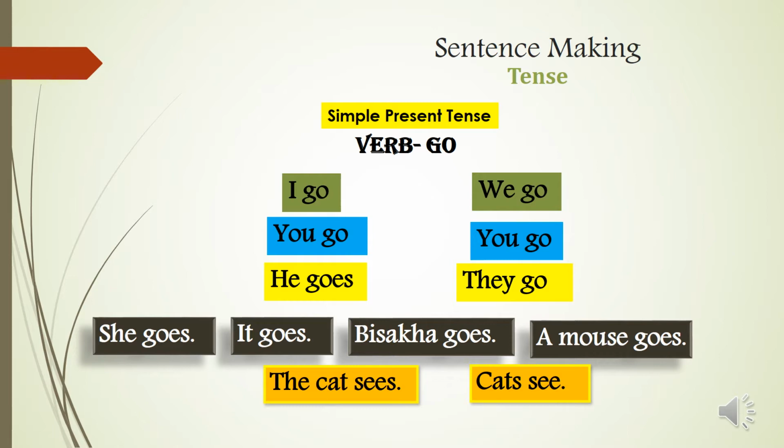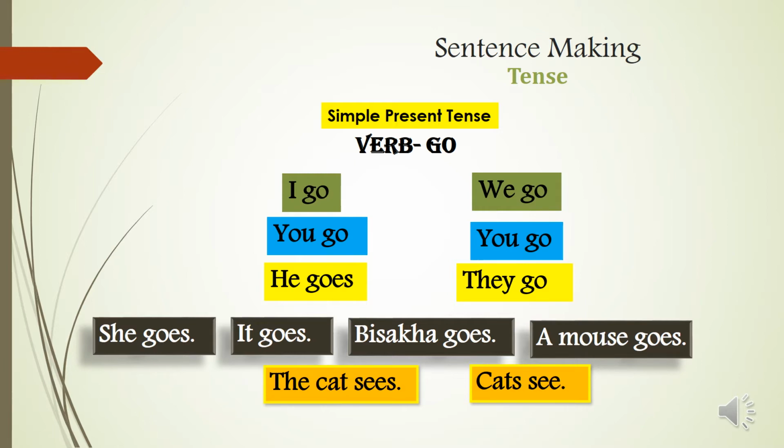So only he? So should we add s or es only with he? No. You can add s or es if you find the subject she. Yes, she goes, it goes, Bishakha goes. This is a name, and any name is always a third person singular number.